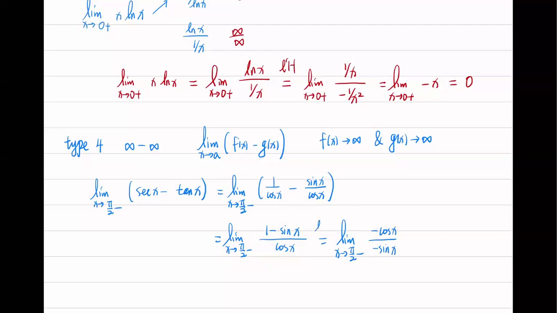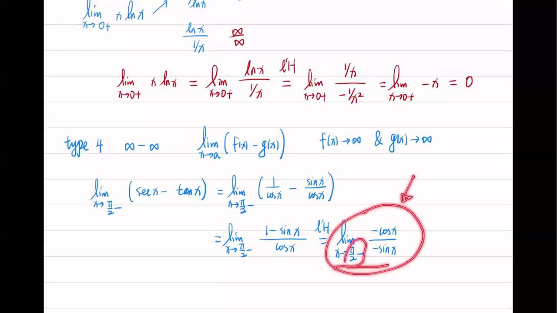We apply L'Hopital. Okay, now let's check this limit. What should we do from here? Sophia, what would you do from here? How to find this limit?